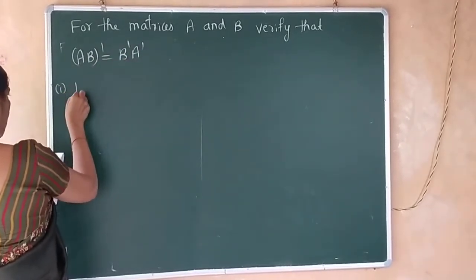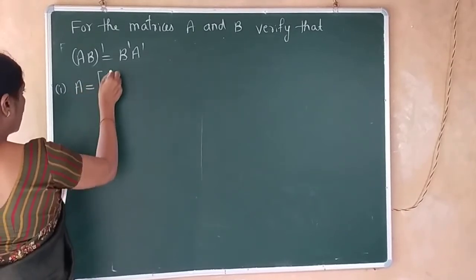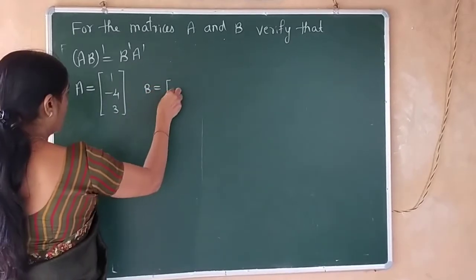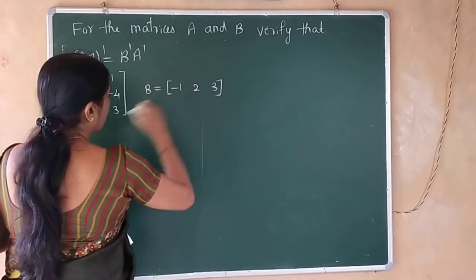In that first one, A is equal to [1, -4, 3]. B is equal to [-1, 2, 3].